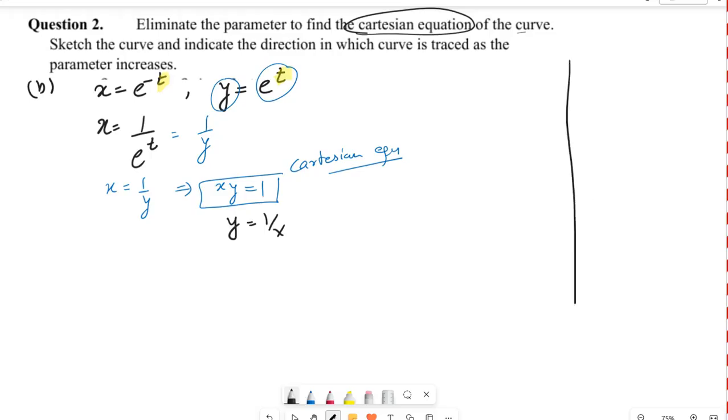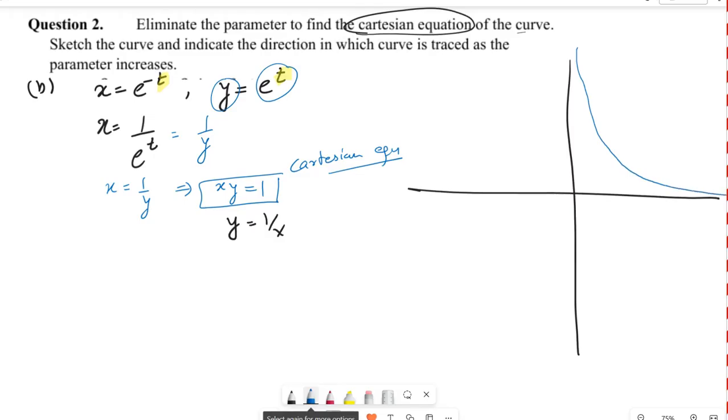We know the graph of y equal to 1 by x is this graph, right? So we have the graph easily, but we need to figure out the values. Now, for this one, let's say t is 0, right? Then x would be e to the power negative 0, which is 1, and y would be e to the power 0, which is 1.